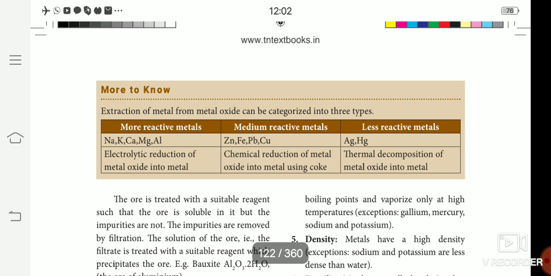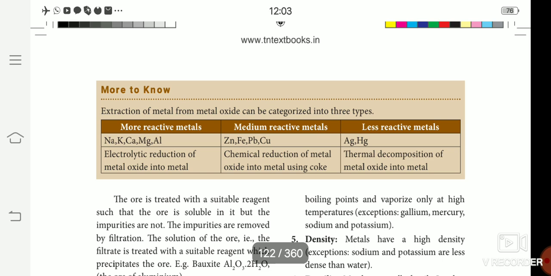Then the medium reactive metals are zinc Zn, iron Fe, lead Pb and copper Cu. Then the less reactive metals are silver and mercury.